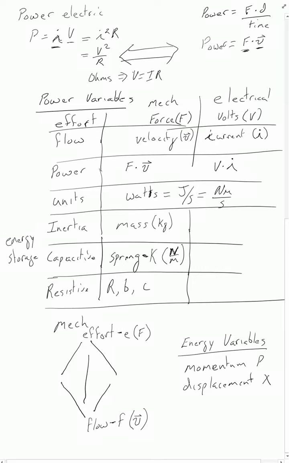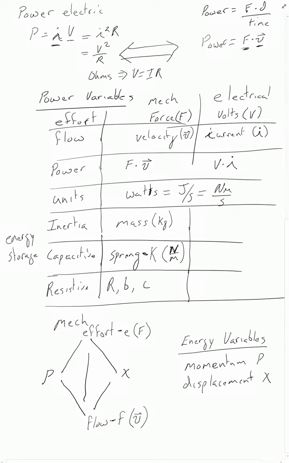And those will be on our left and right hand sides of our system. So we're going to have P here and X. Now all of these lines represent a relationship between the variables. So what's the relationship between displacement and flow? That is the time derivative, d/dt of x.